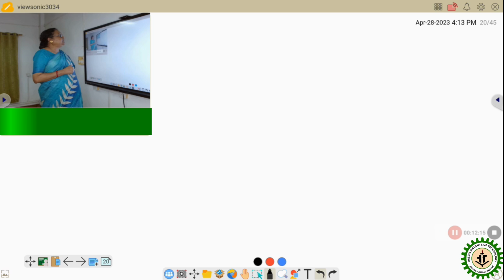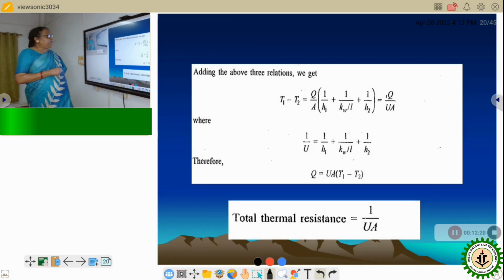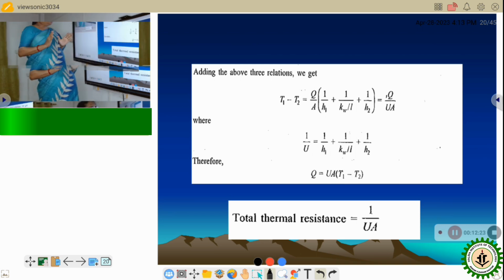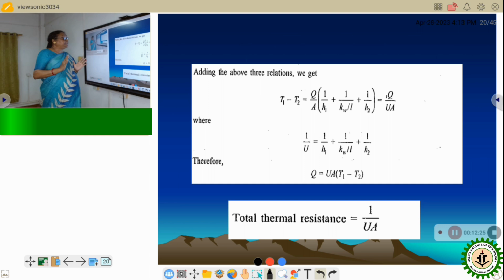So if I consider these three equations, then adding these equations we can get the total temperature profile, that is T1 minus T2 is equal to Q by A times, in the bracket, 1 by h1 plus L by Kw plus 1 by h2.